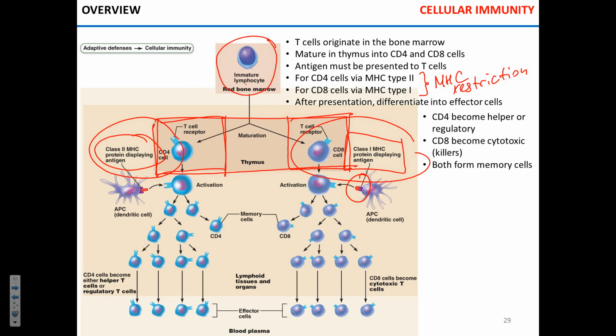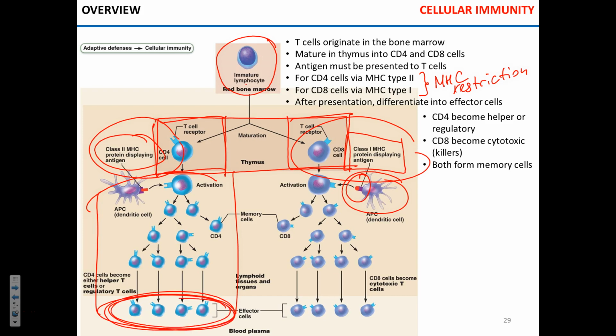So what happens next? When they recognize the antigen on the antigen-presenting cells, they get activated. CD4 cells become helper cells. What do they do? Based on the name, they help.